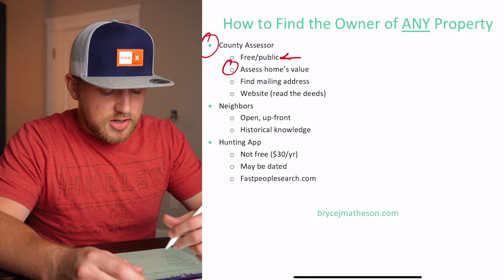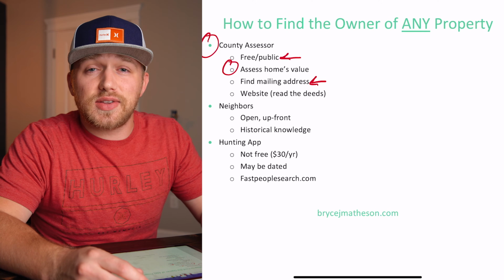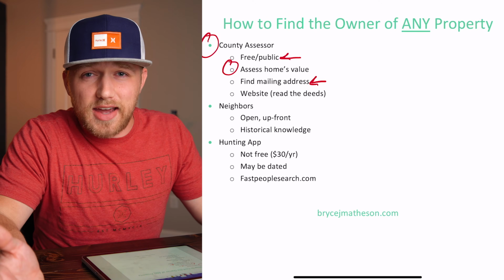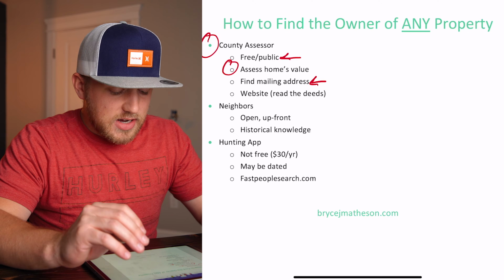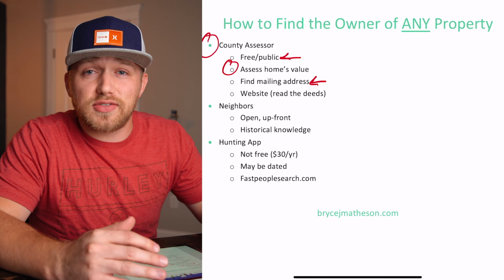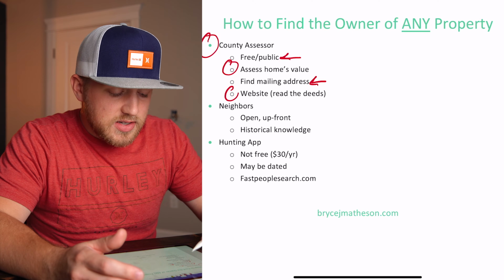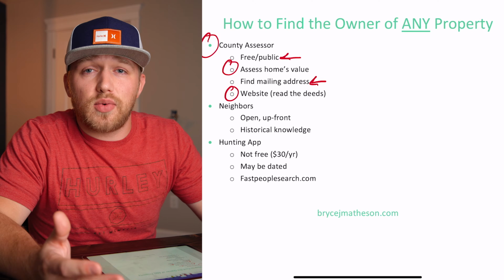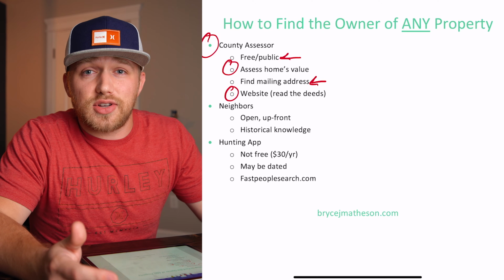And then again, like I just mentioned, you want to find the mailing address and not necessarily the address of the property, because you know the address of the property already. You provided that to the county. And oftentimes the nice thing too is that you don't even have to call the assessor's office necessarily. A lot of the time, this information is just up on the county website. It's a public website. You can go on there, put in the address, and find that information right there.